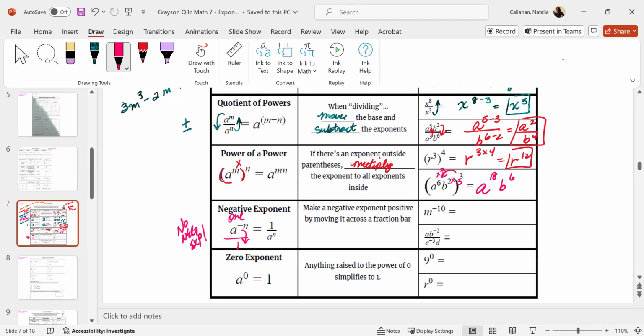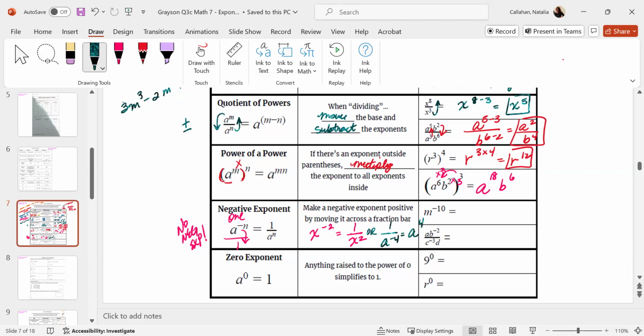Positive, right? Make a negative exponent positive by moving it across a fraction bar, okay? So if you have, like, let's say x to the negative 2, that is going to be 1 over x squared, right? Or if you have 1 over a to the negative 4, if you move it up, it's just positive a to the 4th.